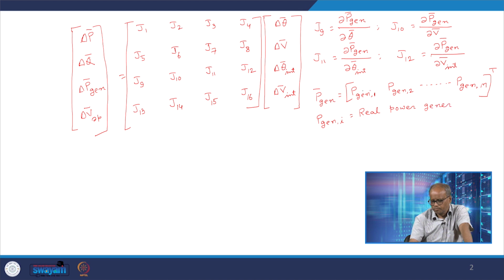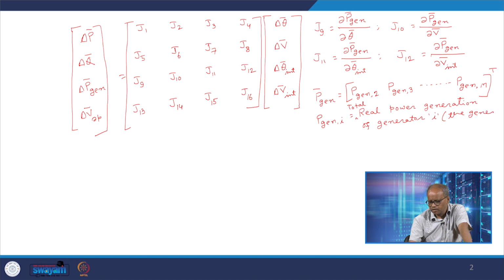I am wrong here, it would not be P gen 1. P gen I is the total real power generation of generator I. Generator I means, in our parlance, the generator connected at bus I.